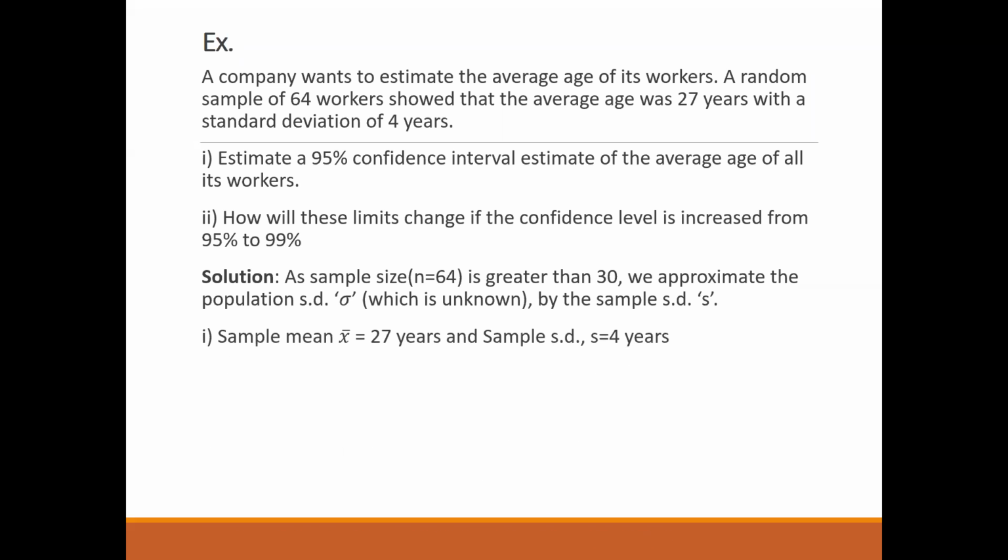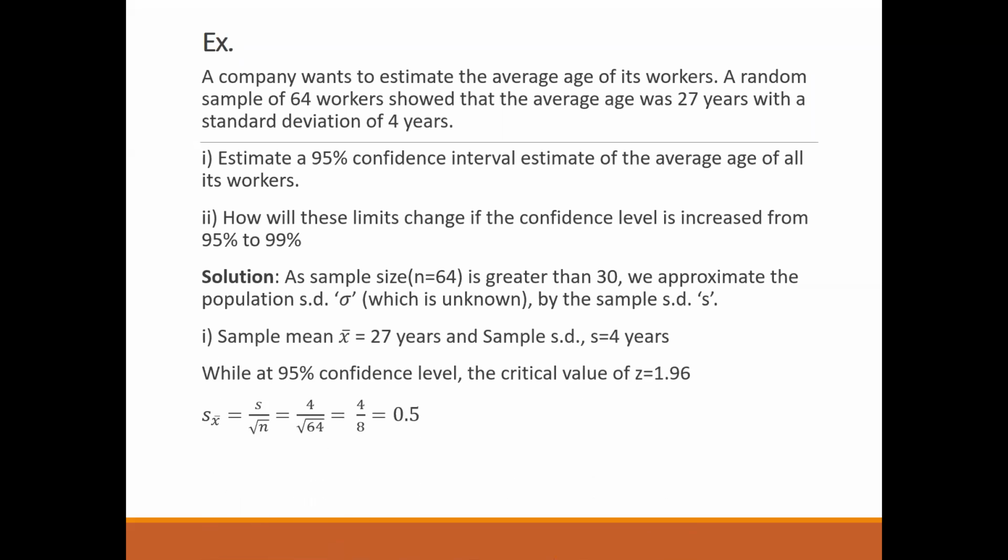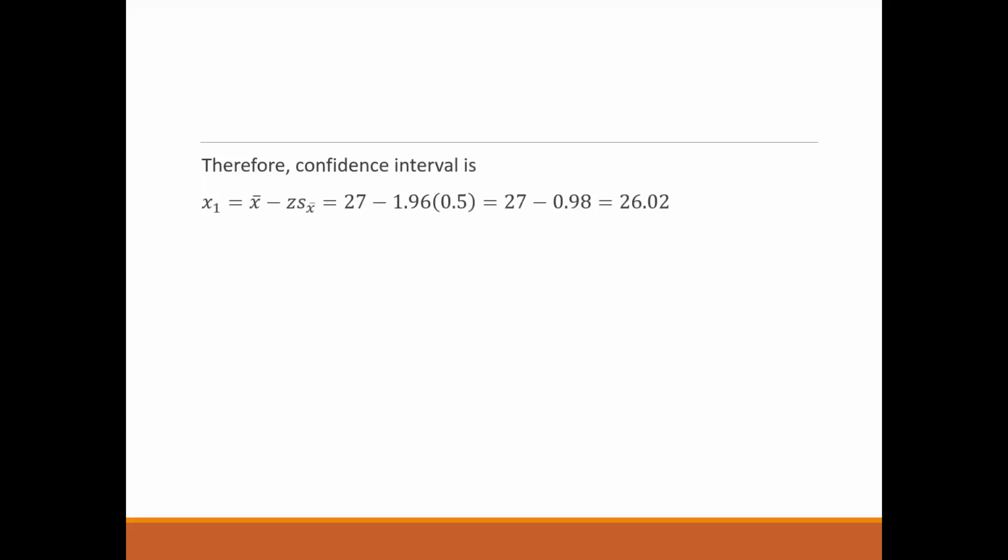So as I told you, sample mean will be 27 and your standard deviation, at 95% confidence level, critical value of Z is given as 1.96. Okay, to find the value of S x bar, we can use the function S divided by square root of n, which gives me 0.5. So using 0.5, x1 will be x bar minus z into 0.5. Okay, so here we get the first answer as 26.02.